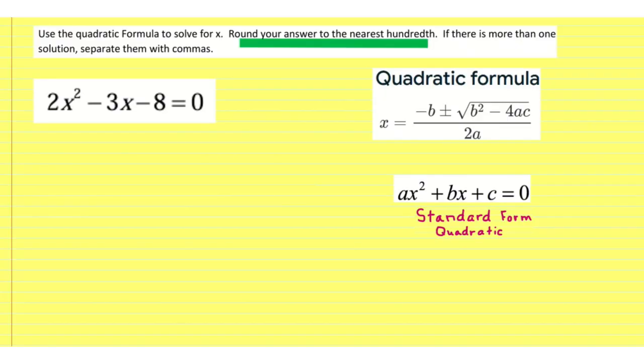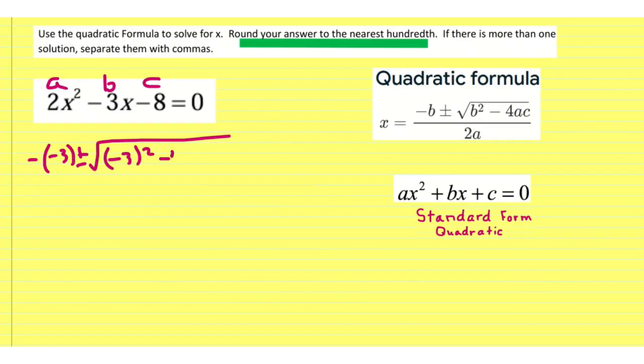So we've got an A and a B and a C. In my quadratic formula, it's going to be negative b, which is a negative 3, plus or minus the square root of b squared, which is negative 3 squared, minus 4 times the a, which is 2, times the c, which is a negative 8, all over 2 times a, which is 2 times 2.